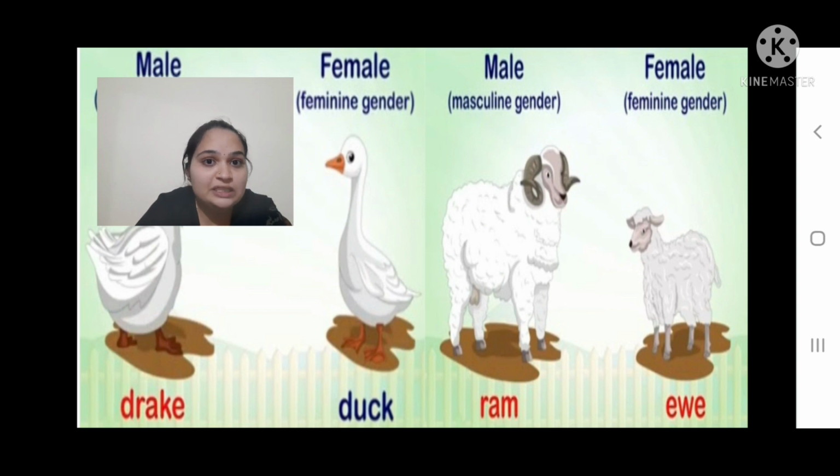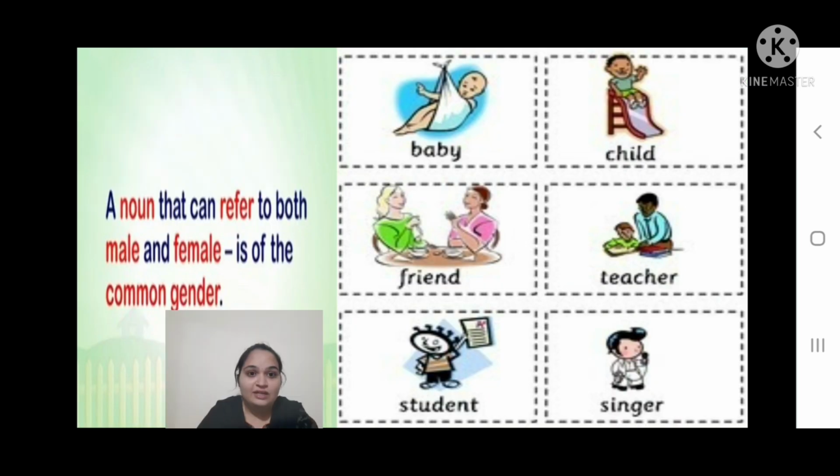So now that we know masculine and feminine genders refer to male and female nouns, let us know what are common and neuter genders. A noun that can be referred to both male and female is known as common gender. For example, a baby, child, friend, teacher, student, singer, etc. So if there is a person who is a singer, you can call him singer, whether that person is male or female.